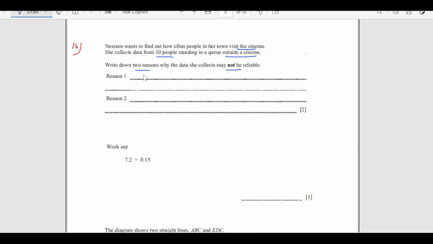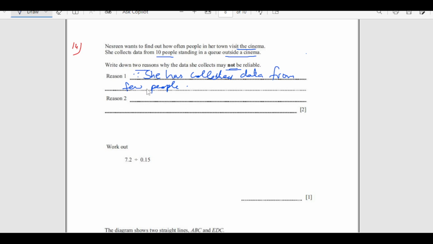So she may not be correct, because she has collected data from few people, which is not enough. She should be collecting data from more people.